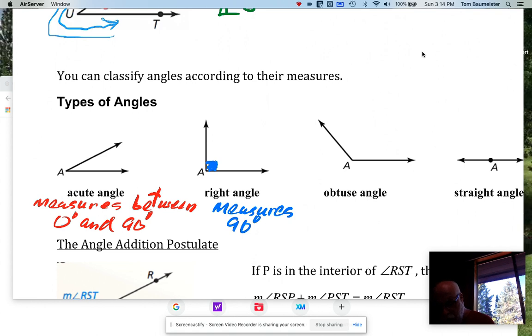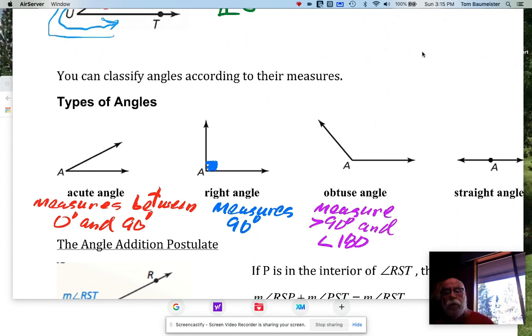And an obtuse angle, now think of it as a fat angle. Obtuse also means fat. So this one is going to measure greater than 90 degrees and less than 180 degrees.